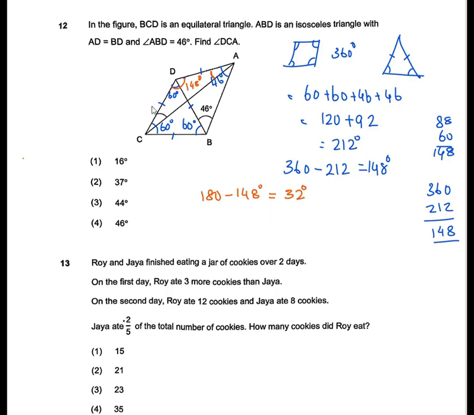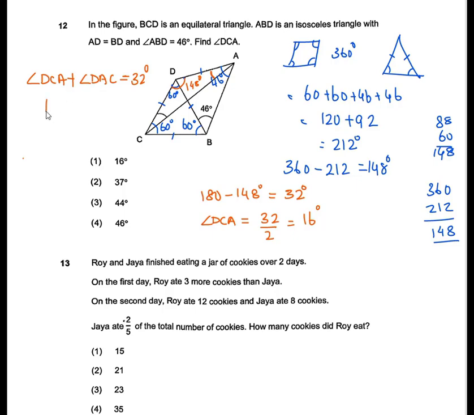Now 32 is equal to the sum of this and this, but these two are equal. So one of them, that is angle DCA, is equal to 32 divided by 2, which is 16 degrees. Because angle DCA plus angle DAC is equal to 32 degrees, and these two are equal.